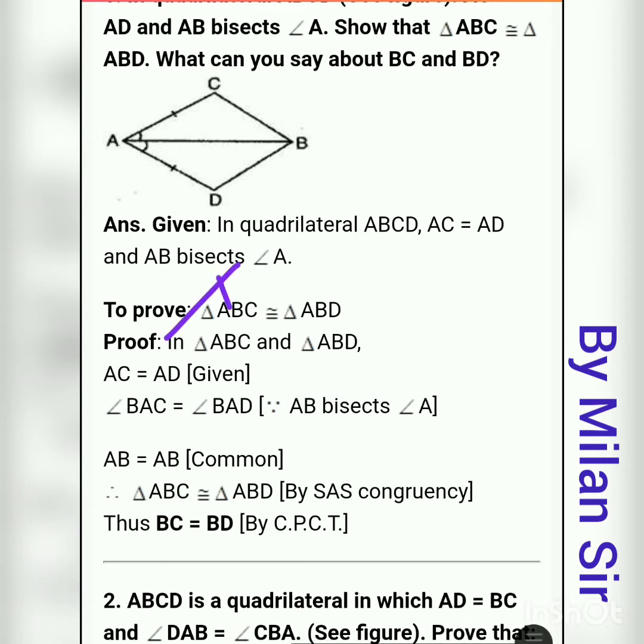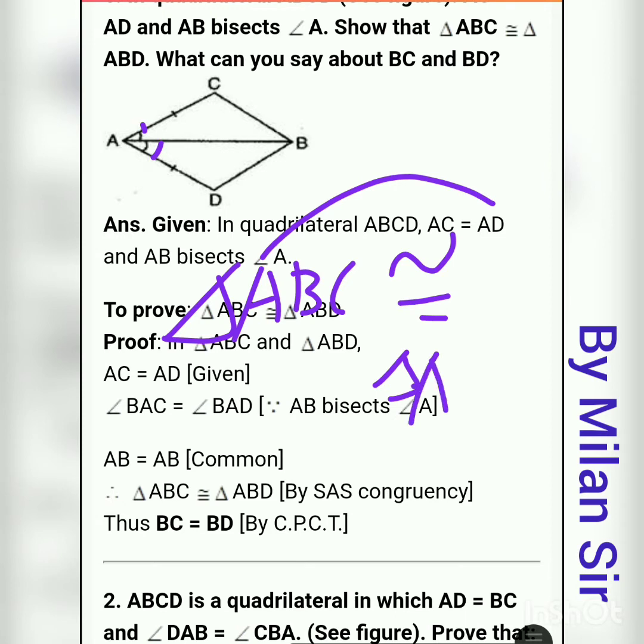Now we need to set up the congruency correspondence. Here our angle A is equal to the angle A, right? So at the first position here we need to write A. Now AB is equal to AB, right? So AB in the first and second positions. And the third vertex is remaining, which we write at the last position. So triangle ABC is congruent to triangle ABD.